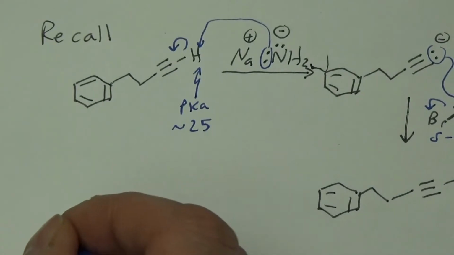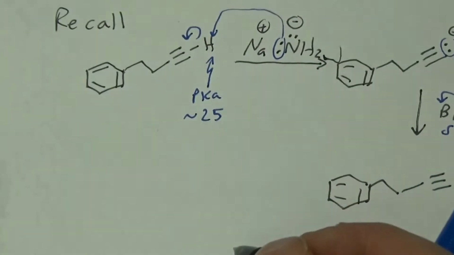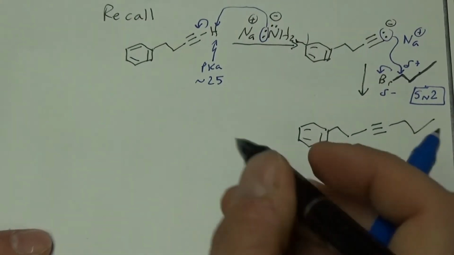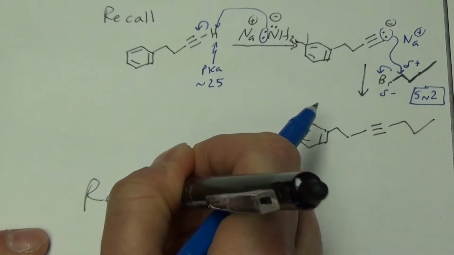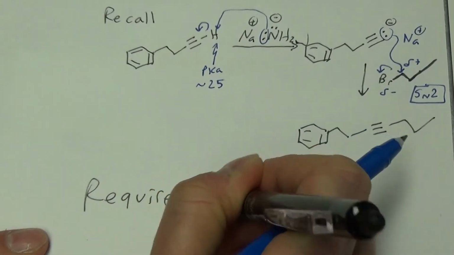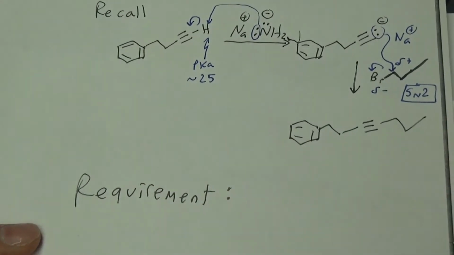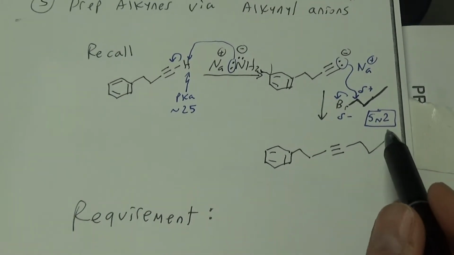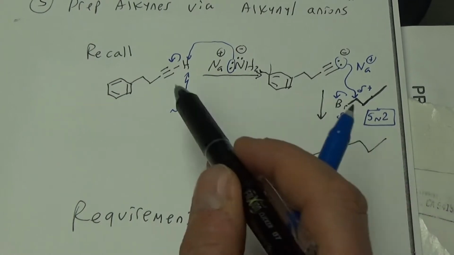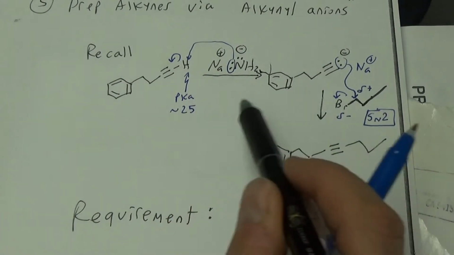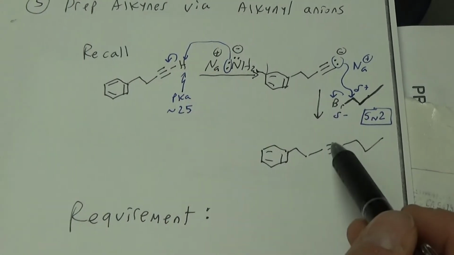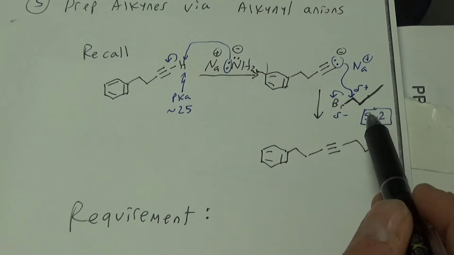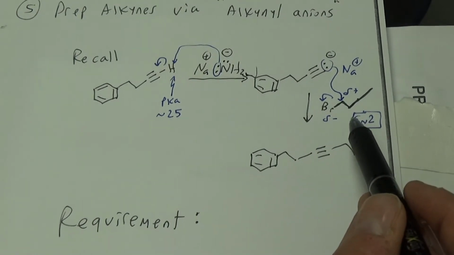There's a requirement, though, for this nice beautiful SN2 reaction to happen. I don't know if you remember this from the SN2 chapter, and we learned about elimination, but basically SN2 can compete with another reaction.